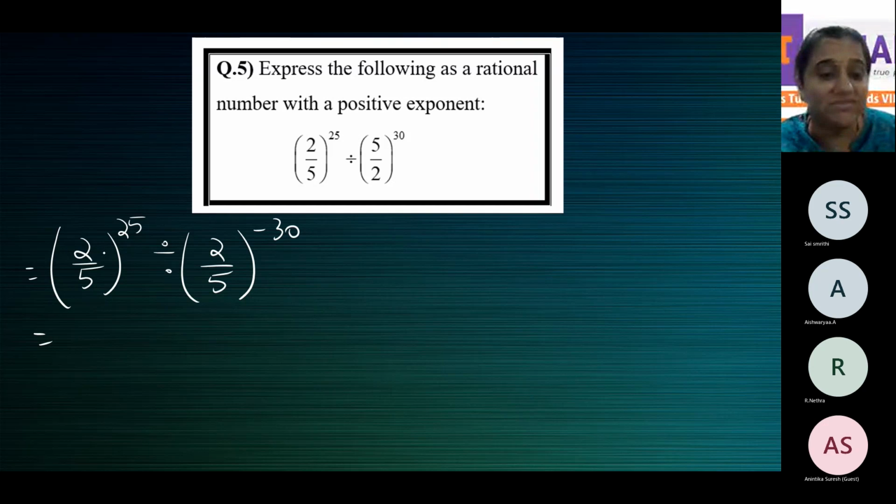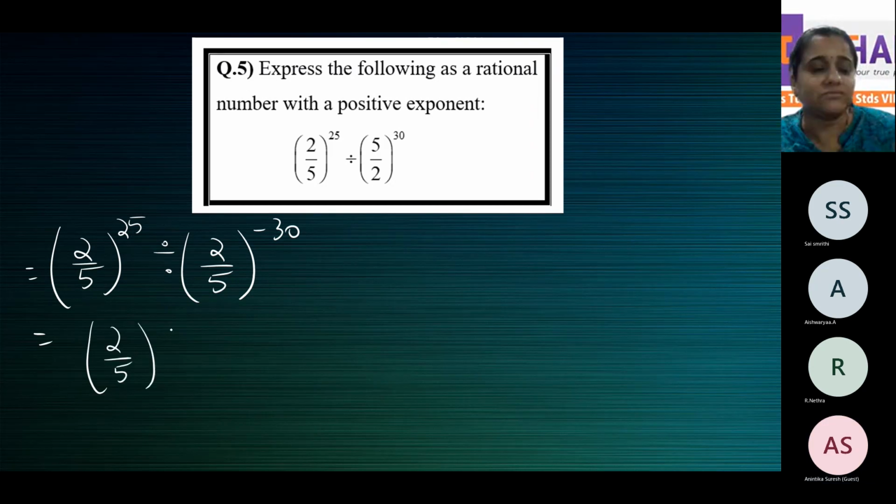Now the bases are same and it's division. So when bases are same and it's division, what do we do? We write the same base and we subtract the powers. 25 minus 30. Subtract the power.